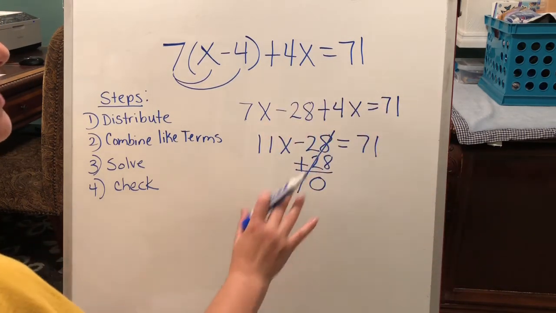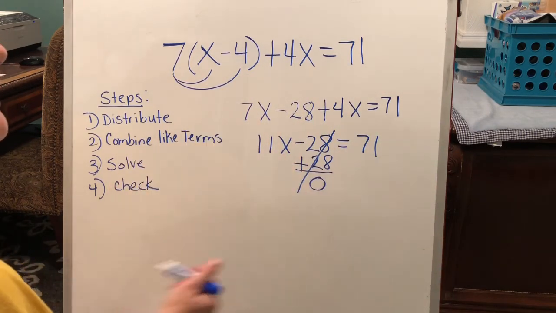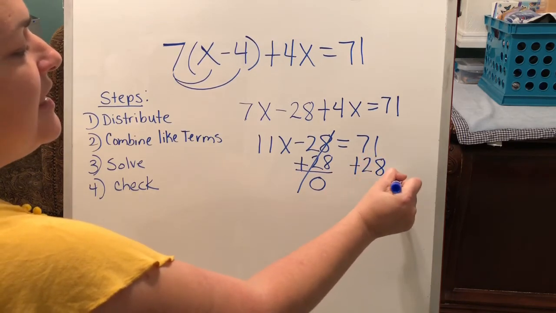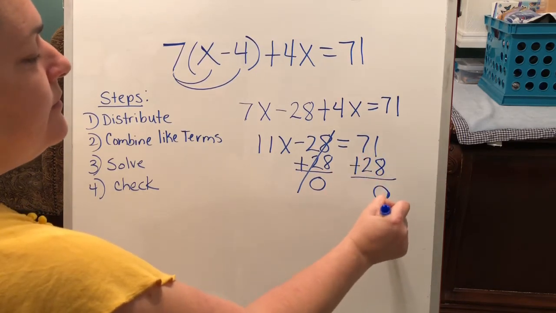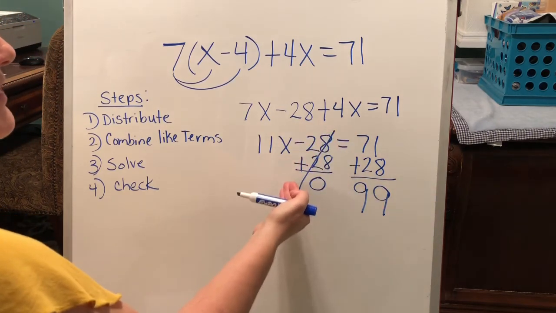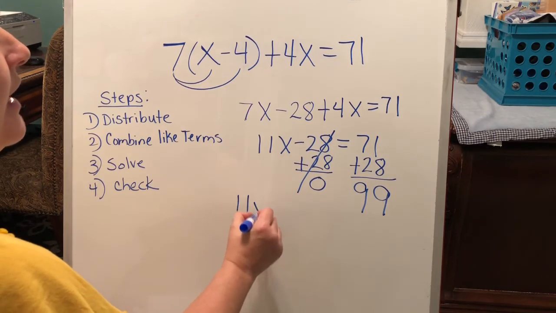We have got to do the same thing on the other side. So if we added 28 to this side, to make it true, we have to add 28 to this side. And now we have 99 on this side. We've gotten rid of this variable. We're going to rewrite it again so it's nice and clean.